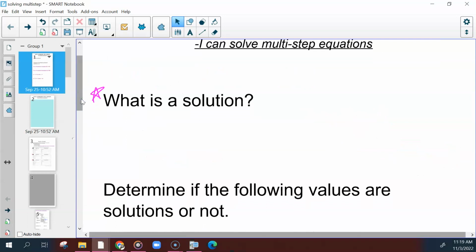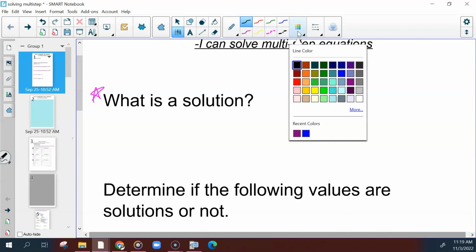So if I asked you, what is a solution, what comes to mind? Say that again. The final product, okay. Anyone else have a different answer? Not that that's wrong. Okay. So we can say a solution is the final or the end result. Let's say that.